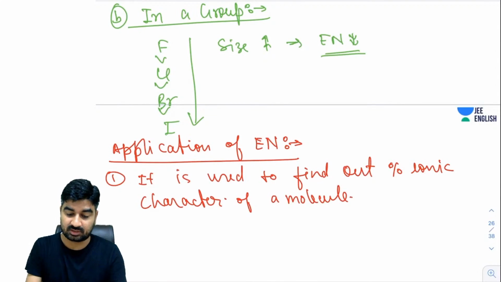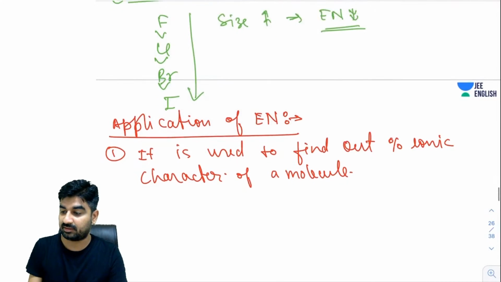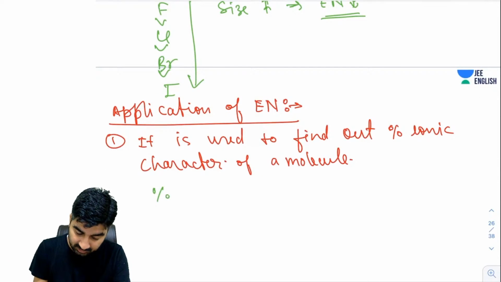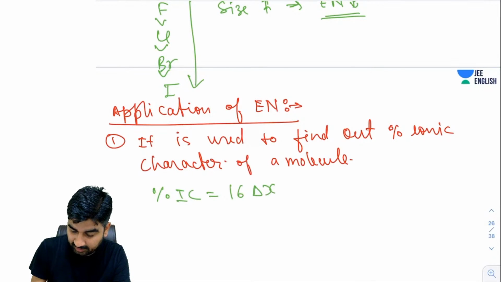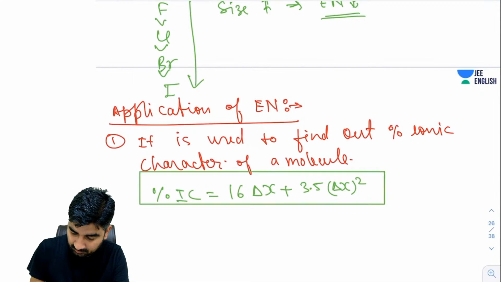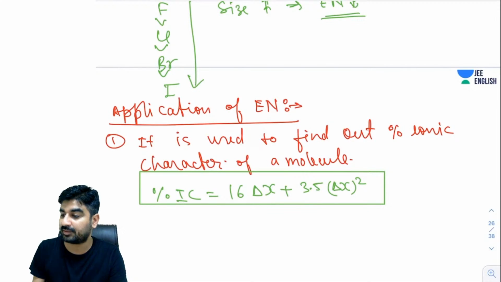How we are going to use it to find out percentage ionic character? So the percentage ionic character formula is 16 into delta X. I hope you got it.